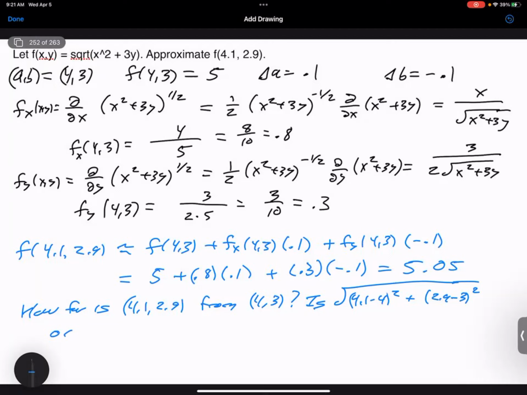So it's 2/100, square root of that. So this is the square root of 2 over 10. Square root of 2 is about 1.41. So we've moved about 0.14.